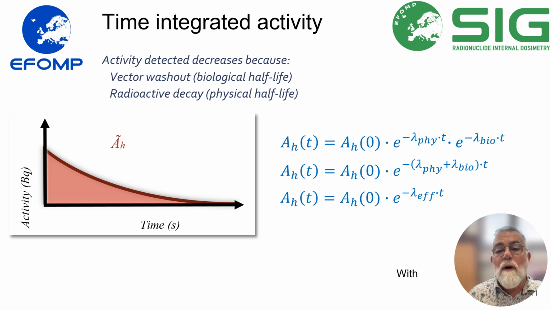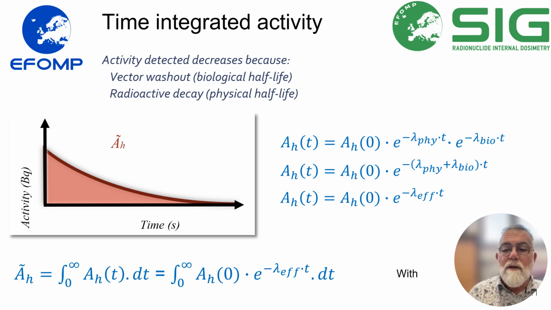So this is a way to compute the time integrated activity, because we know that after the uptake phase, that can be very quick, then the activity decreases because the vector is washed away. So that's because of a biological component and because the radioactivity normally decays in time, and that's a physical half-life.